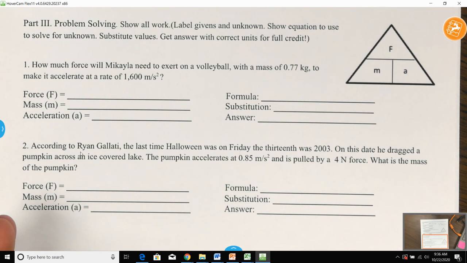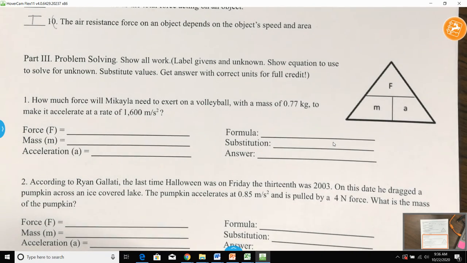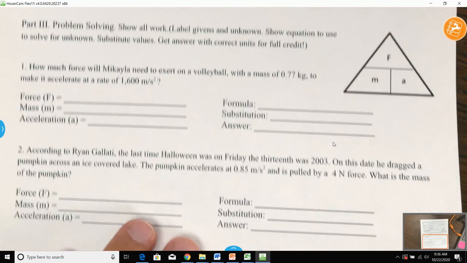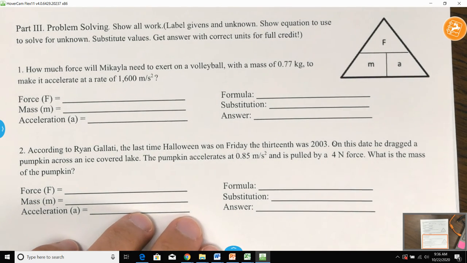I did want to show this though for a specific reason. I had a student a couple years ago try and tell me that the last time Halloween was on Friday the 13th was in 2003. Does that make sense? Every 7 years, he said it happens.